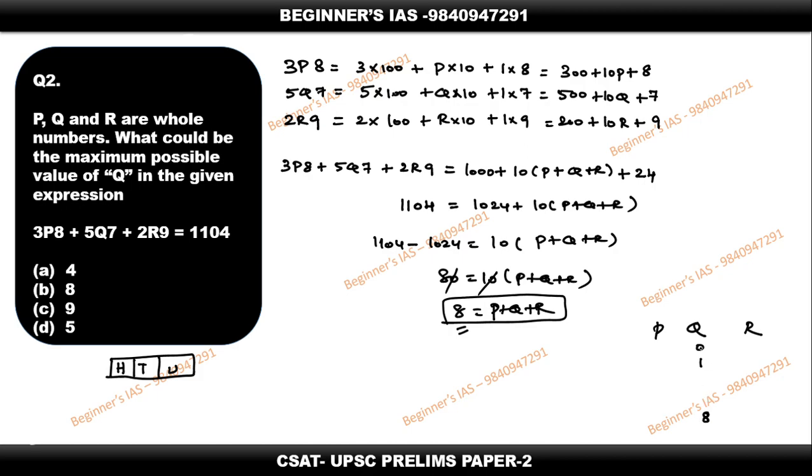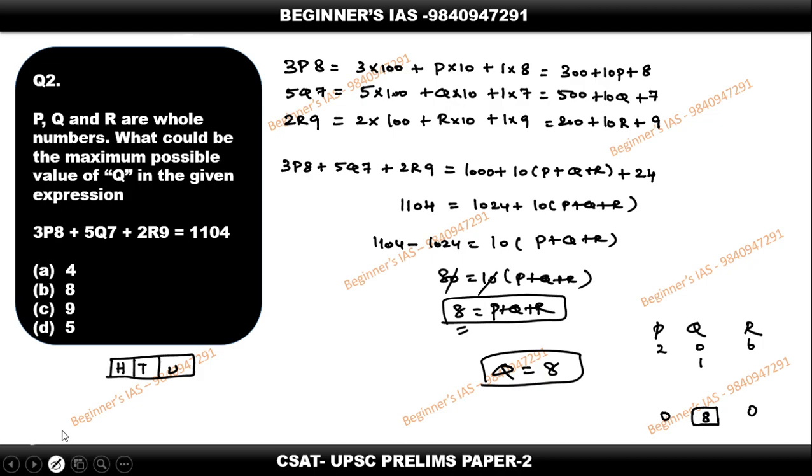If you put a 0 here, then to get 8, we have to place 2 and 6 like that. So you have to do random things. It is asked for the maximum, so I am taking P as 0, R as 0. In this situation only, we derive Q as a maximum by substituting P equal to 0, R equal to 0. What is the maximum value in this case? Q is equal to 8. Therefore, the answer for this question is 8.